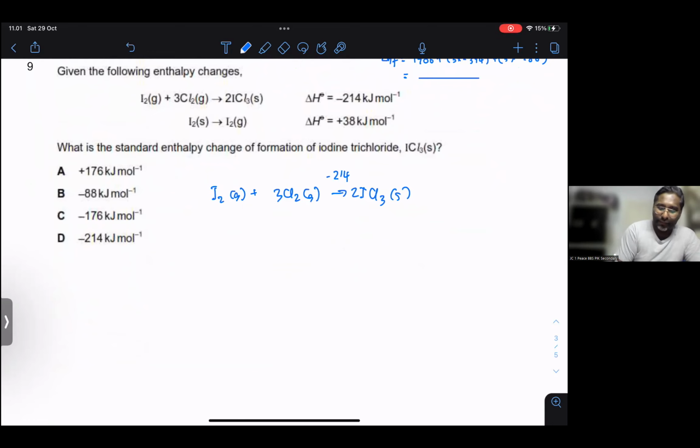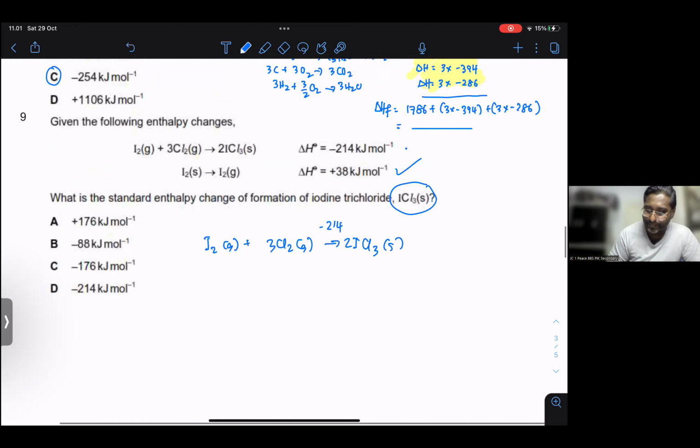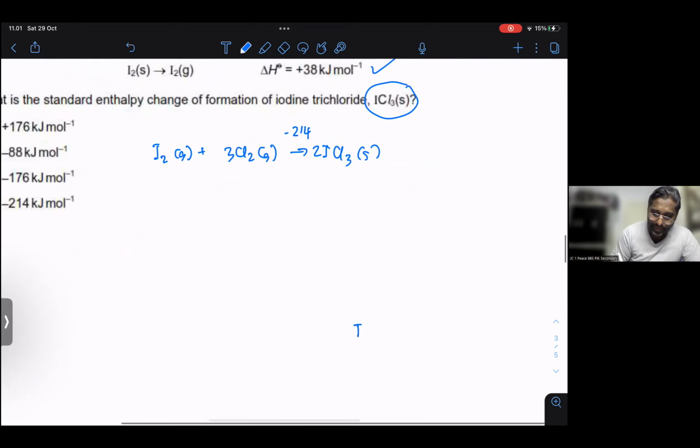There are two pieces of information given, but we want the enthalpy change of formation of iodine trichloride. Formation means to form this from their elements.